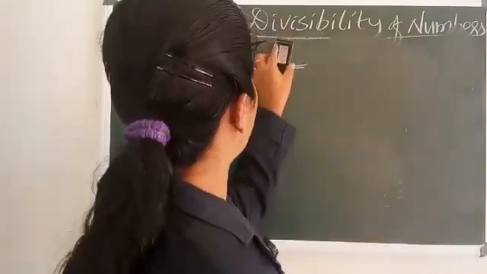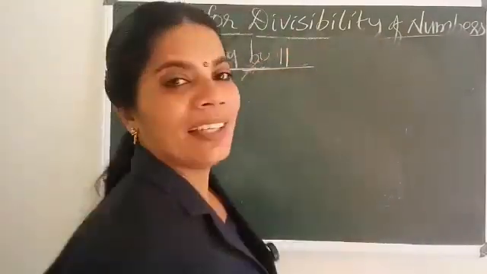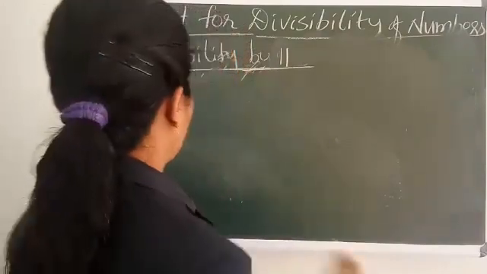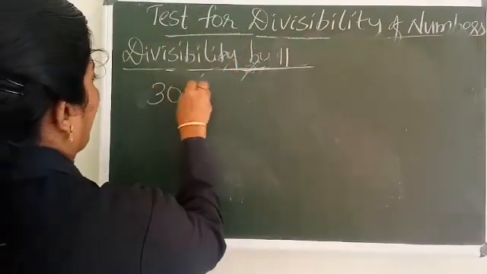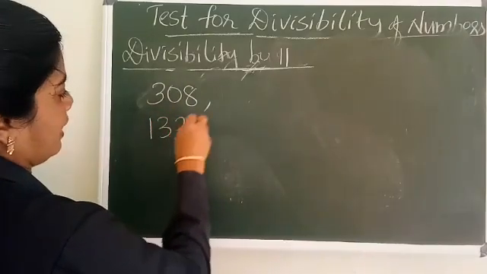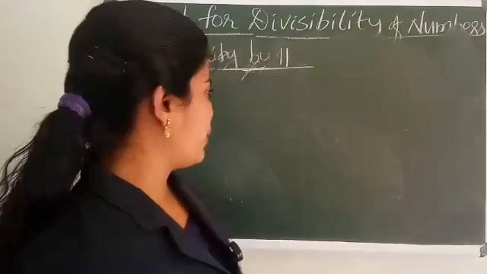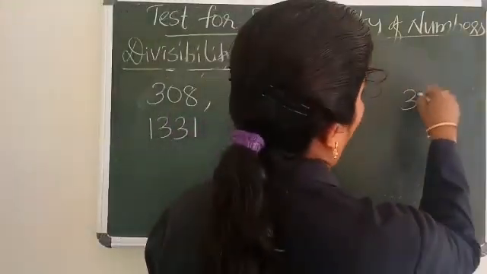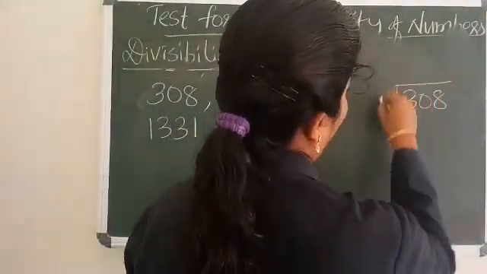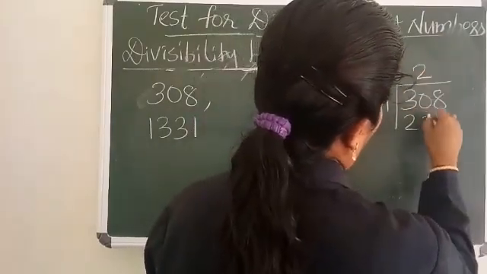Next, divisibility by 11. Let's check 308 and 1331. Are they divisible by 11 or not? First, let's check 308. 2 times 11 is 22.